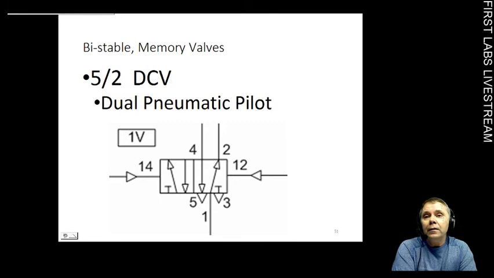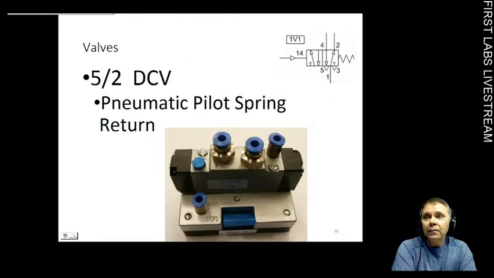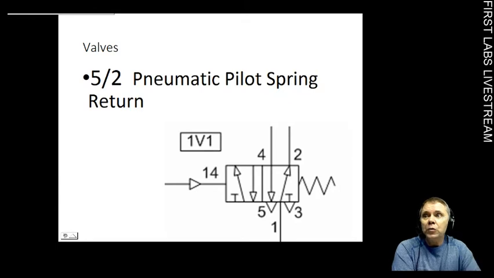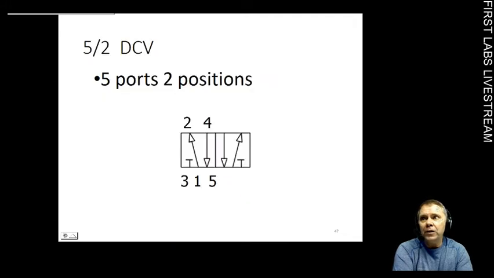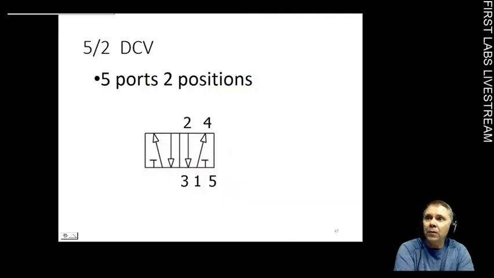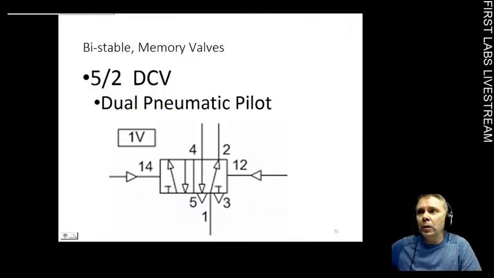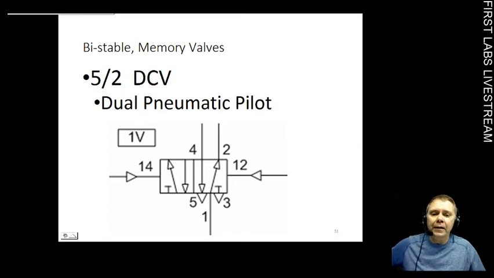Okay? So this first one we looked at was a spring return. You can see there's a spring return on this side right here, and air operates it. Sorry about that. There we go. This is a dual pneumatic pilot, so air extends it and retracts it.